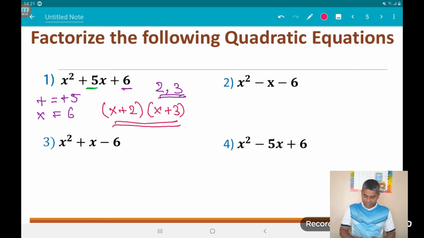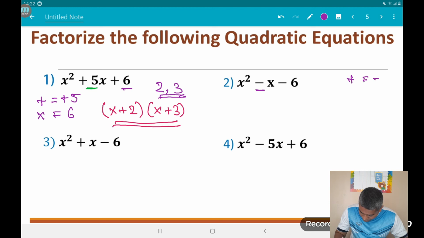Let us continue with the second problem. What is the coefficient of x? That is negative 1, yes? So the sum should be negative 1. And what about the product?